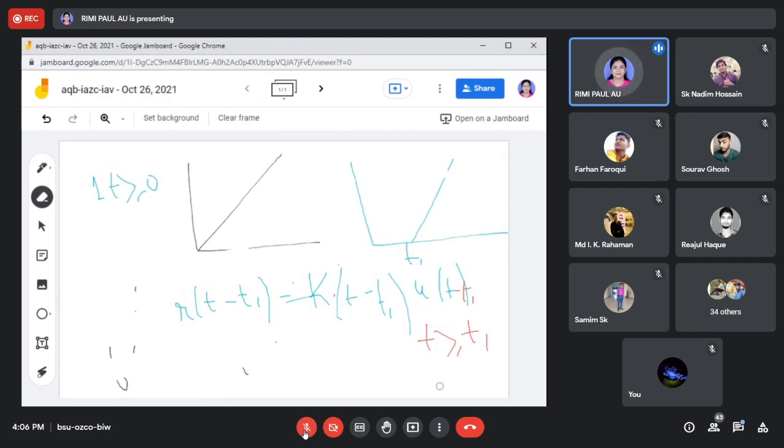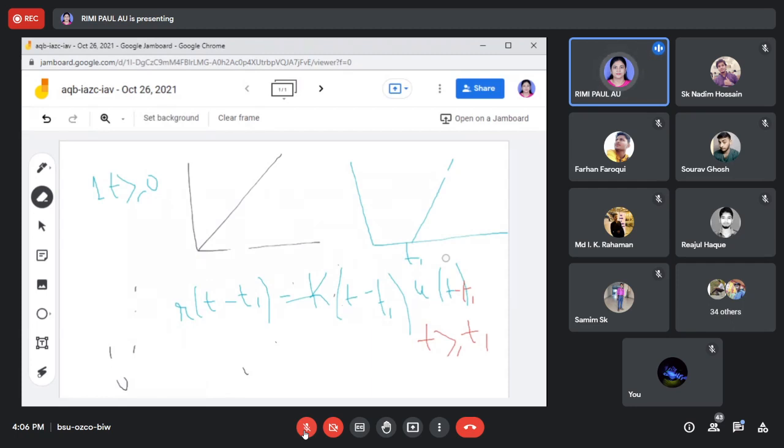And if we write this equation in a wrong way, then the solution of the Laplace transform will be wrong. That's why you have to learn it properly.